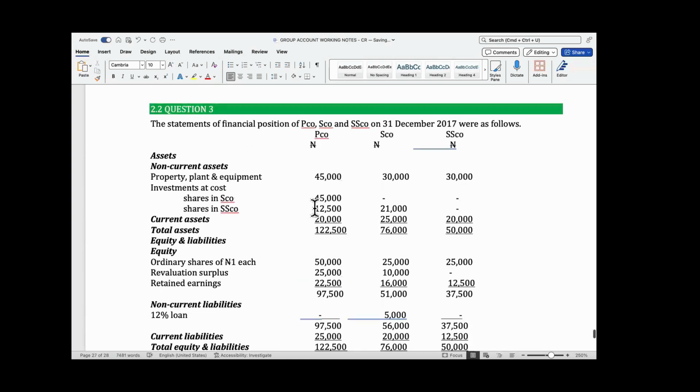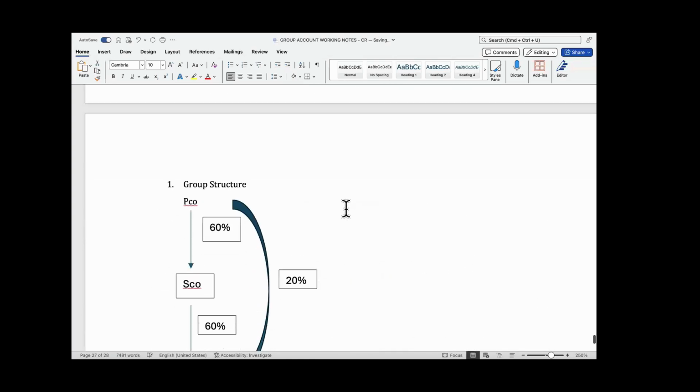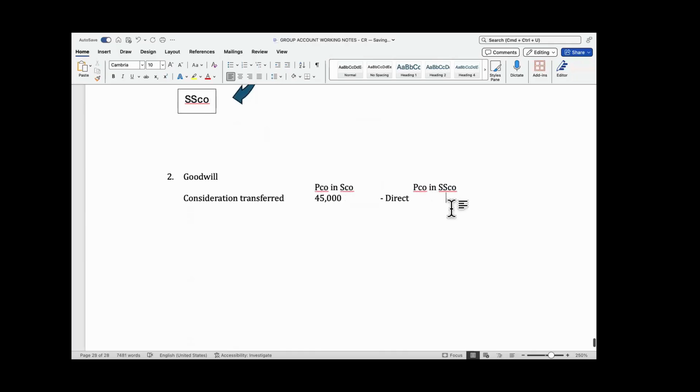Yeah, he paid 12.5 for the 20%. Okay, 12.5. And the indirect, which is ESCO's holding in SSCO, is 21,000.